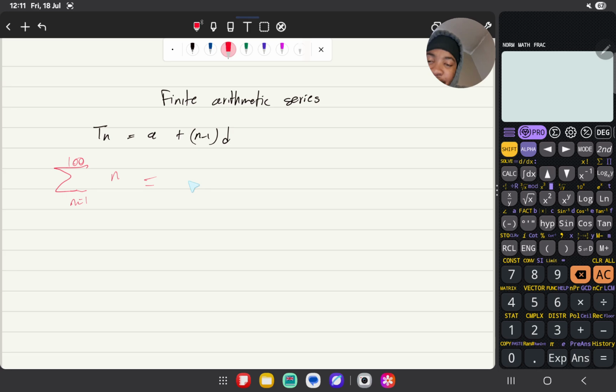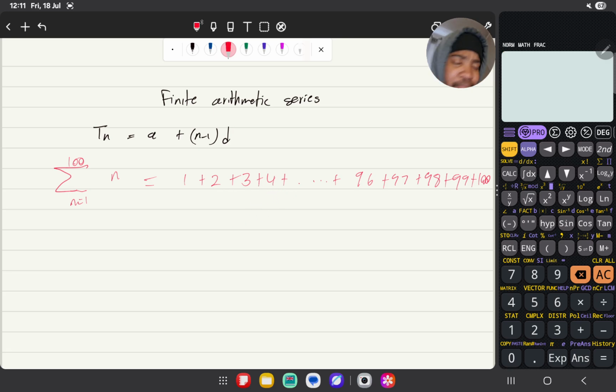This is going to be 1 plus 2 plus 3 plus 4 plus and so on, plus 96 plus 97 plus 98 plus 99 plus 100. So basically you are adding all the numbers from 1 up until 100.